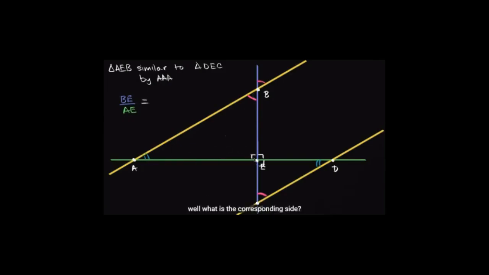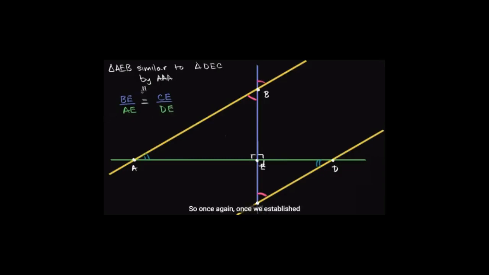Well, what is the corresponding side? The corresponding side to BE is side CE. So that's going to be the same as the ratio between CE and DE. And this just comes out of the similarity of the triangles.